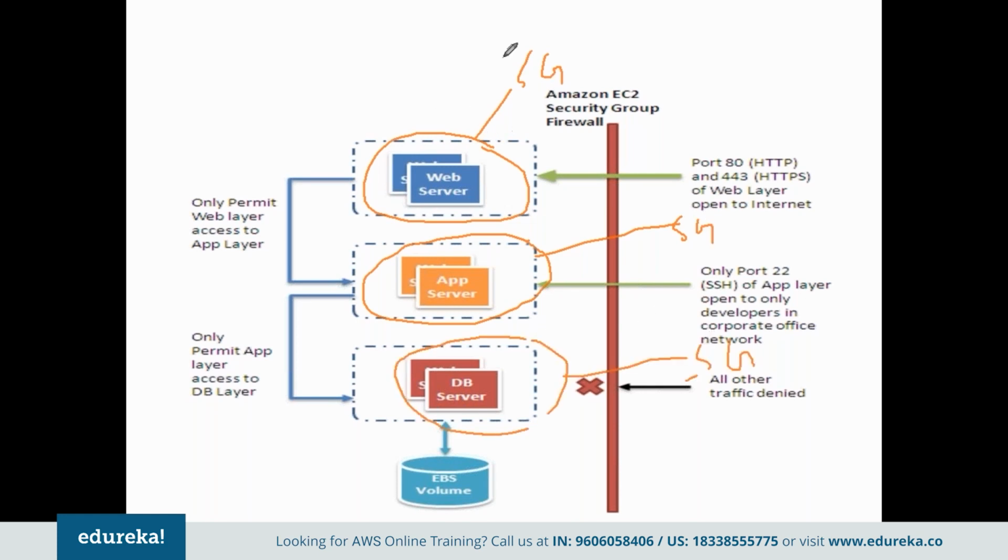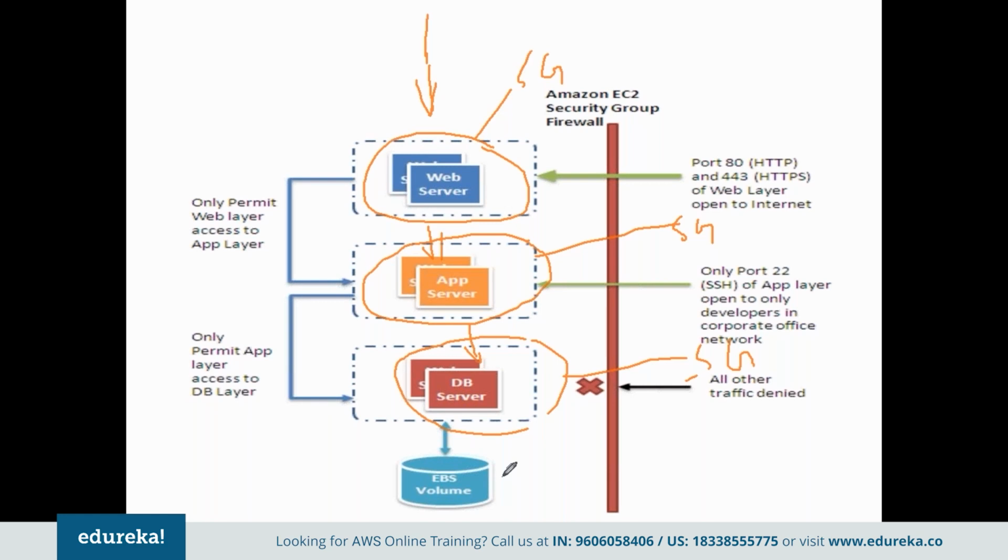So in this security group, I'm controlling the traffic that is coming from outside. Likewise, for the app server, I can control the incoming traffic only from the web servers. And likewise with the database servers, I can control the traffic only generated from app servers. So one of the best practices is to include security at every layer of your application.